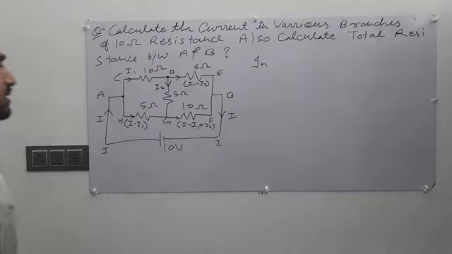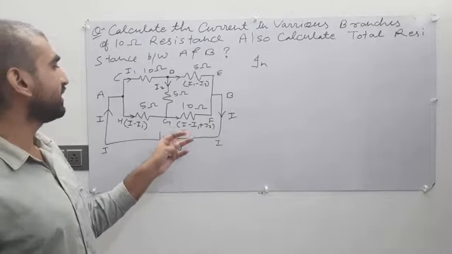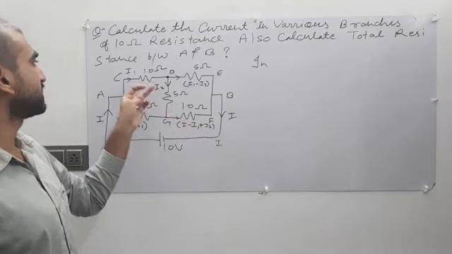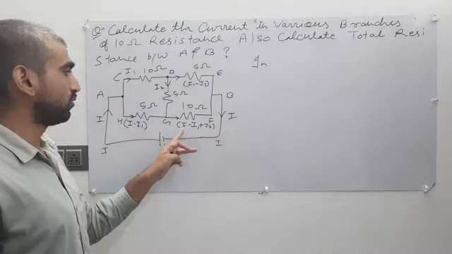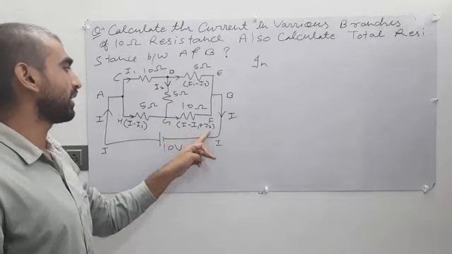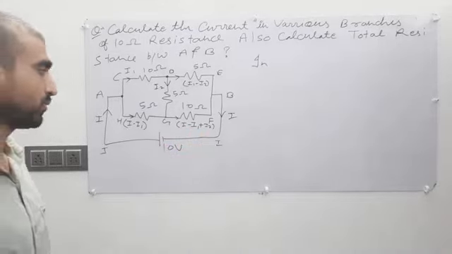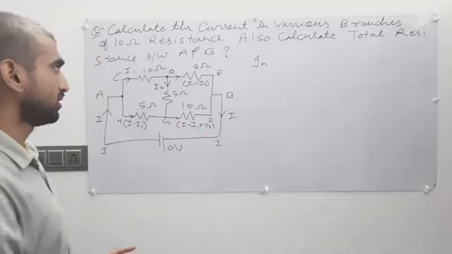Now to calculate the current in this branch and this branch, we have to find the values of the currents I, I1 and I2. That means we have to make three equations to solve it.